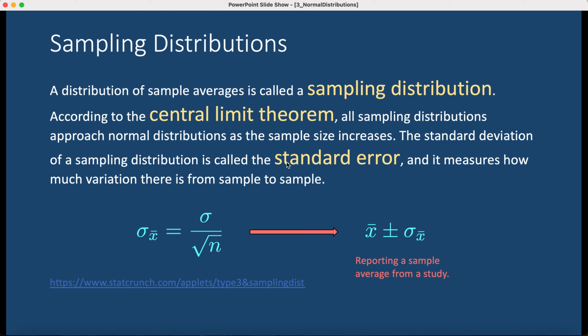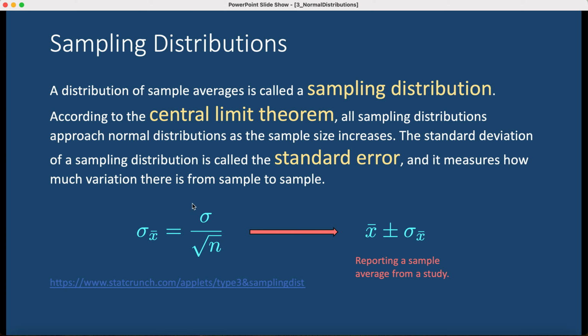And the bigger the sample, the more true that statement is. And we call its variation the standard error. You calculate it by taking the standard deviation in the variable and dividing by the square root of the sample size.